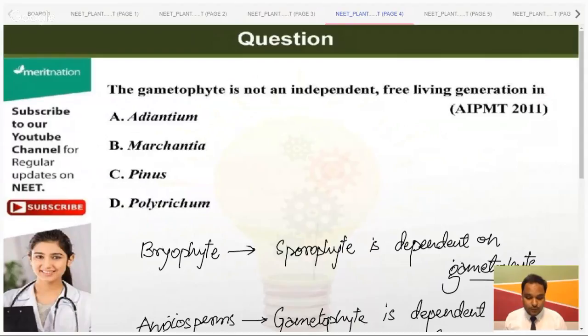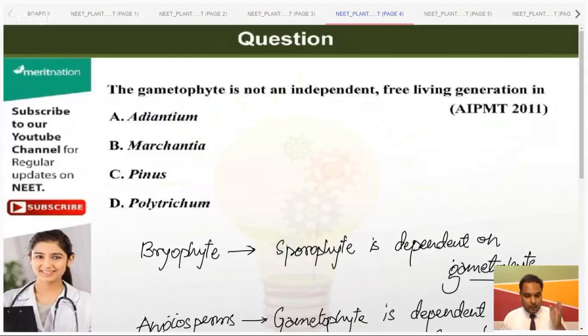Evolutionarily, if you start from algae, the main plant body is gametophyte, everyone. It's N, it's haploid, right? Exactly. Then in bryophyte also, the gametophyte turns out to be the main plant body.